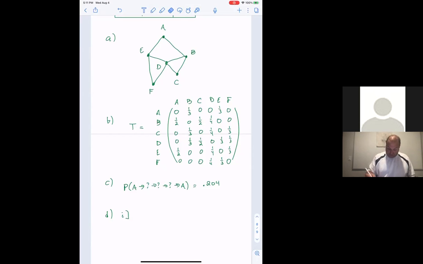And that gives me not 0.204, but 0.213. Now, when I look at G to the 100th power, the 2 rooms that it's in the most are clearly D at a 0.241 probability and B at a 0.203 probability. And then E. Oh, well, it says determine the percentage of time that the robot will be in each of these rooms, and I just answered that.